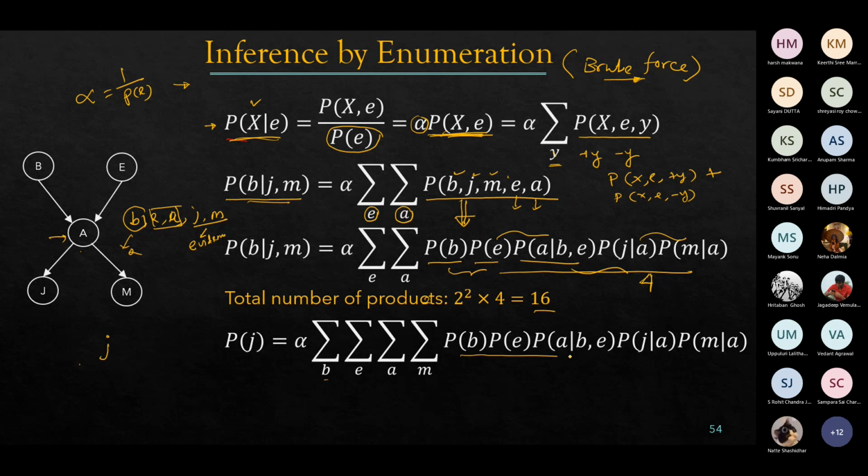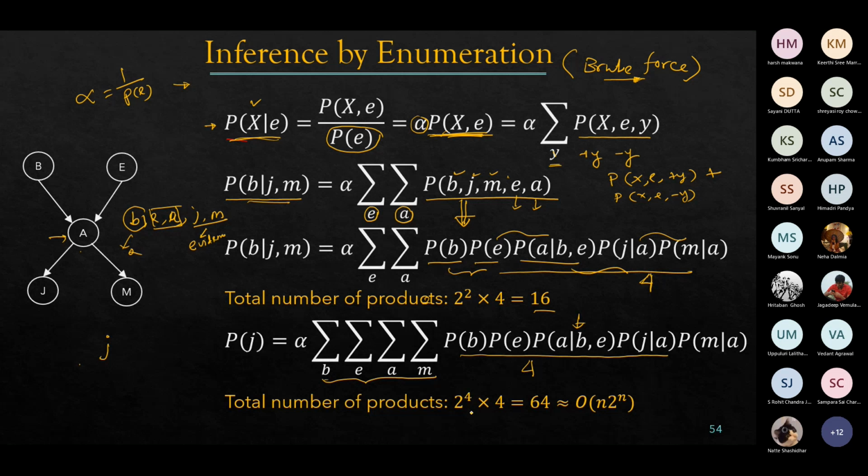And in the inside loop, we have the same factors, the same number of factors and the same number of multiplications, right? So again, we have 4 here, and how many such products will we be doing? It will be 2 to the power 4 multiplied by 4, right?